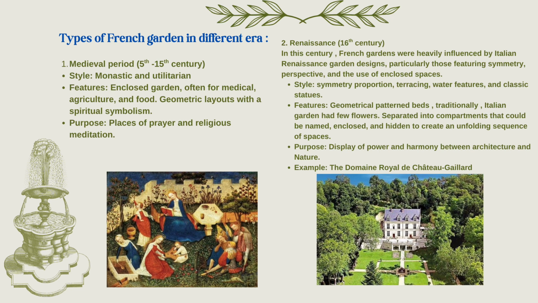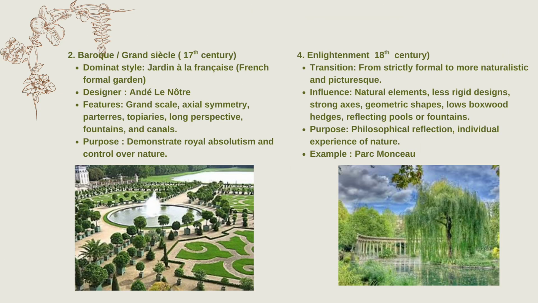In this century, French gardens were heavily influenced by Italian Renaissance garden design, particularly those featuring symmetry, perspective, and the use of enclosed spaces. The purpose is to display power and harmony between architecture and nature. This is an example of a French garden in this era, the Domaine Royal de Château de Gaillon.